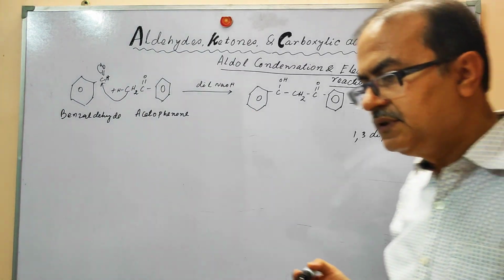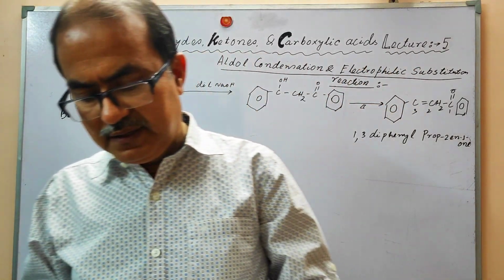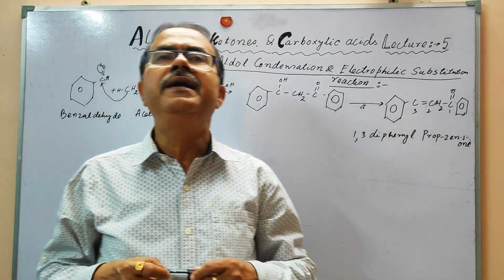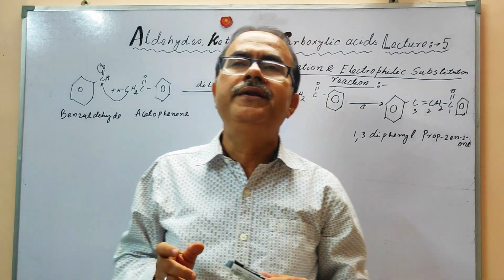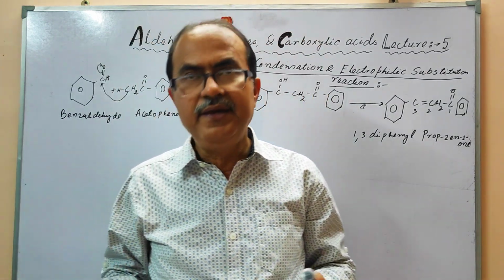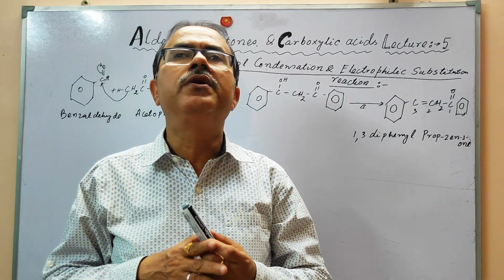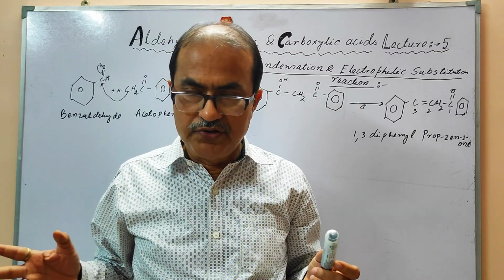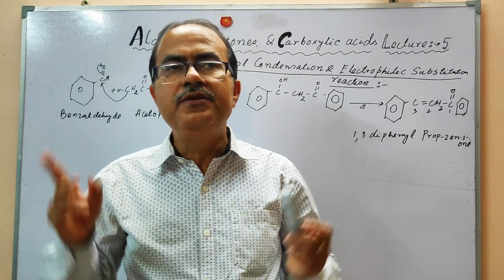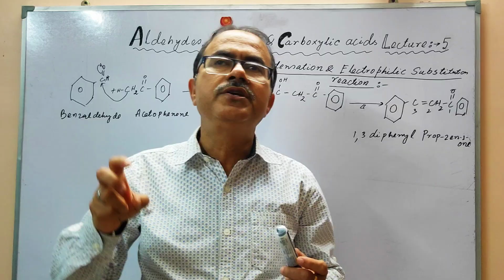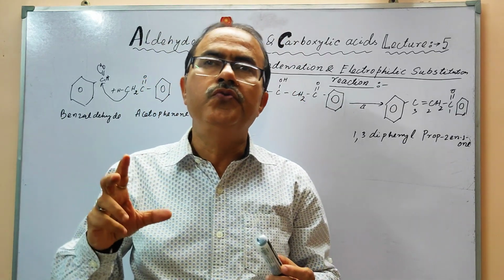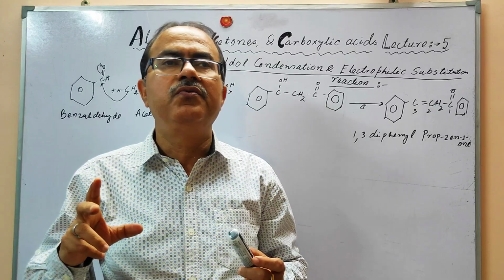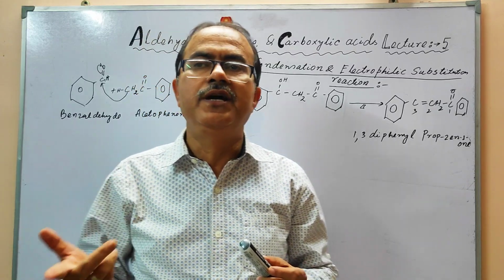Okay. Now there are some aldehydes, this is for only aldehydes also. Some aldehydes like formaldehyde and benzaldehyde do not have any alpha hydrogen atom. So in this case, in concentrated alkali, it is going to produce a reaction which is called the Cannizzaro reaction.